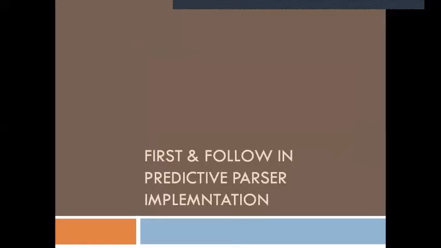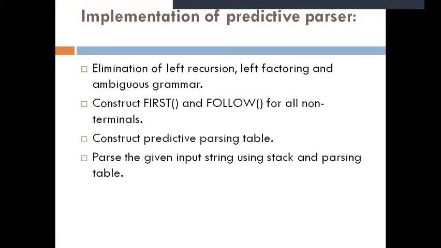Good morning. In this video, we are going to see the first and follow calculation for the predictive parser implementation. So first, we are going to see what are the steps for implementing a predictive parser. The predictive parser is a top-down parser. The steps are: first is elimination of left recursion, left factoring, and ambiguous grammar.